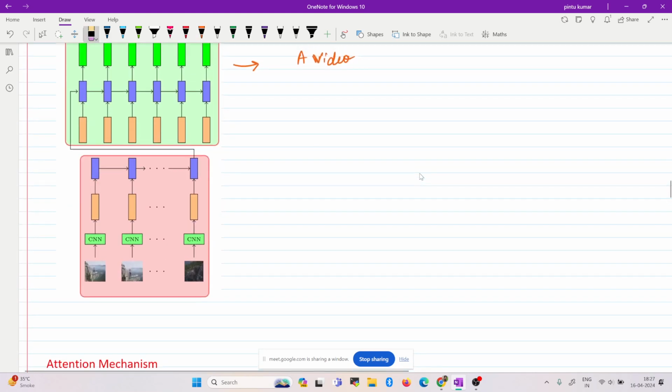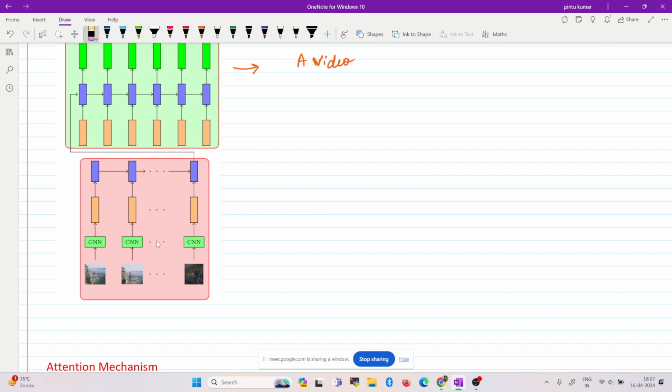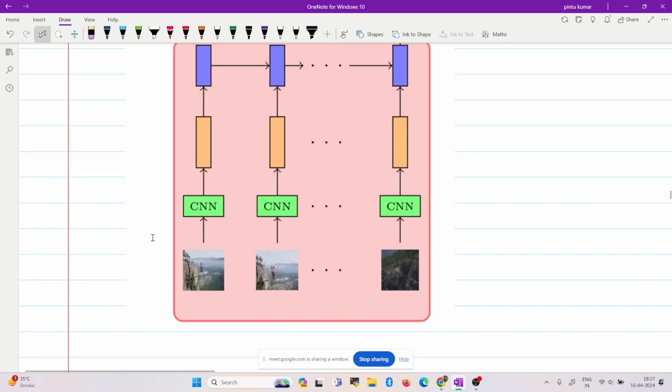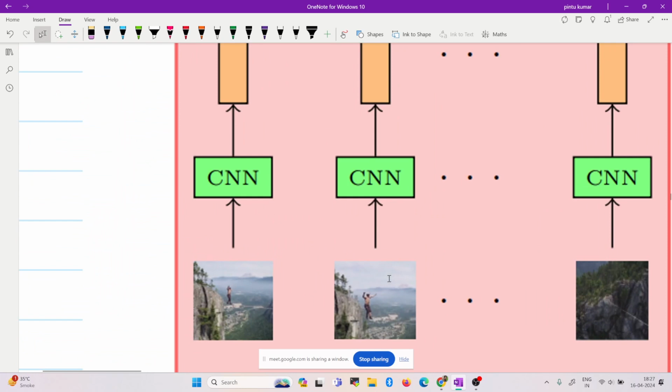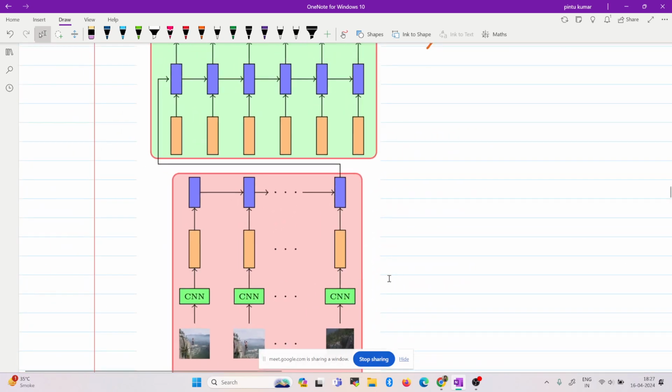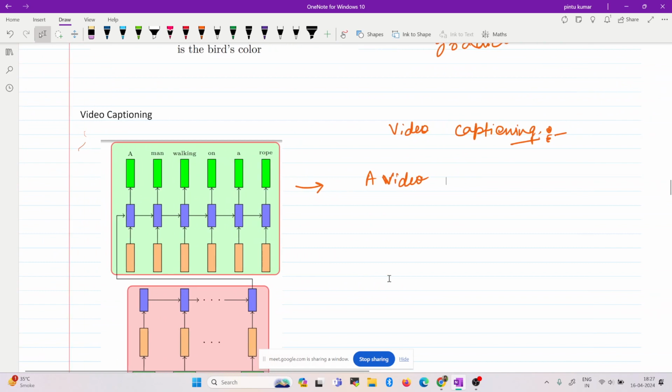For example, I'm not sure whether this is visible to you completely, but there is a man who is walking on the rope. So the caption that should be generated is a man walking on a rope.